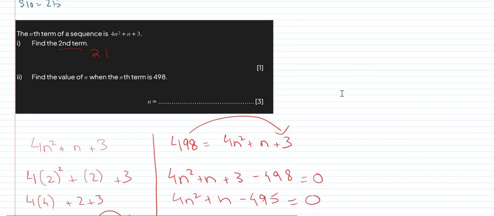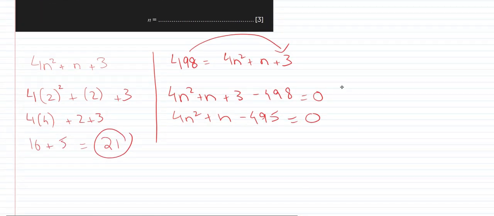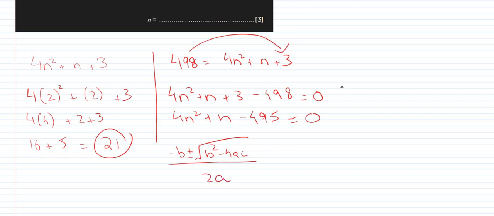Now in this question we will use something called the quadratic equation. So the formula for the quadratic equation is minus b plus or minus the square root of b squared minus 4ac, upon 2a. So look, the first term a is 4, and b is 1 because it's just n, so it's 1n, and c is equal to negative 495.